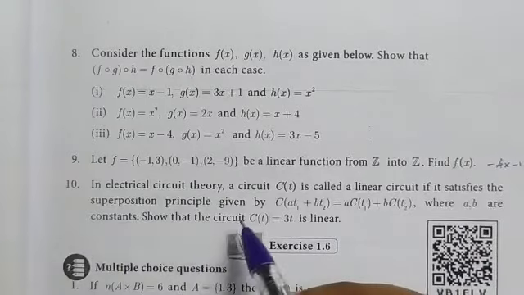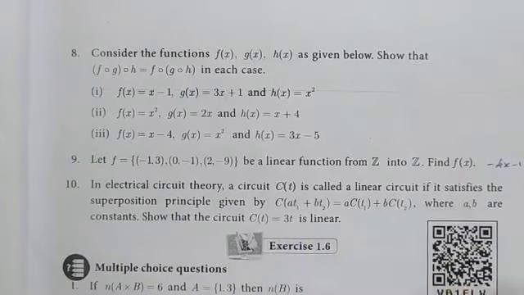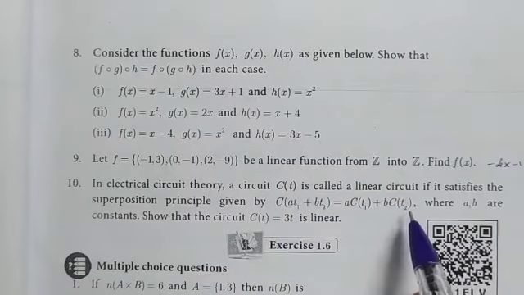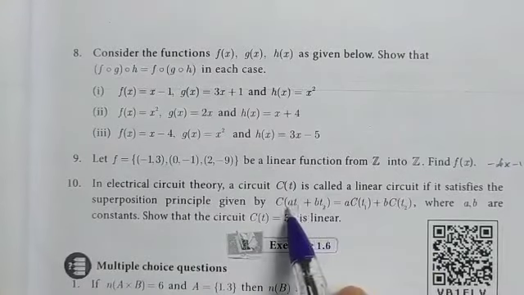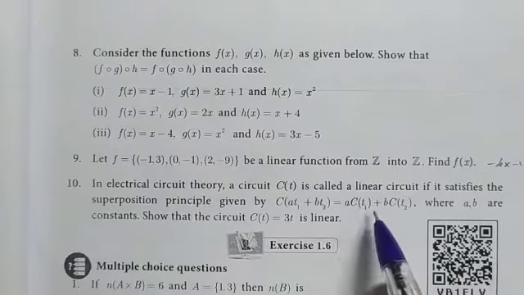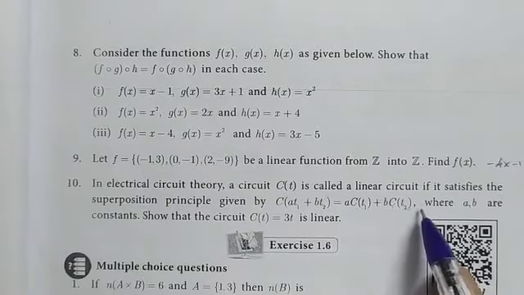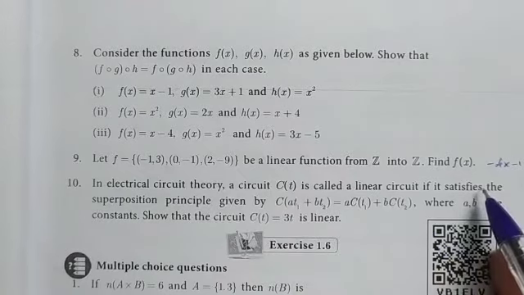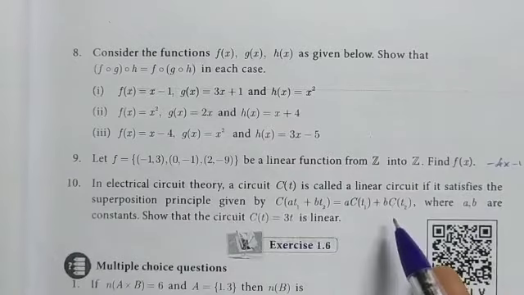Show that the circuit C of t is equal to 3t is linear. If this principle is satisfied by the circuit, this is linear.